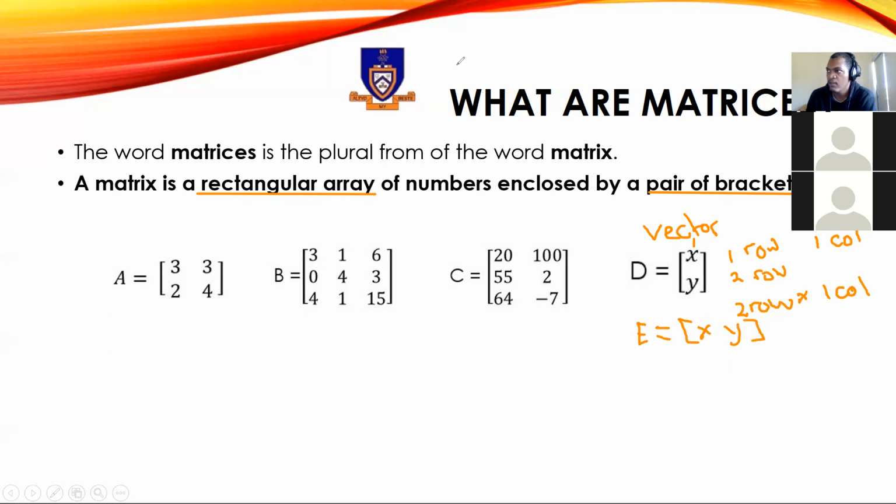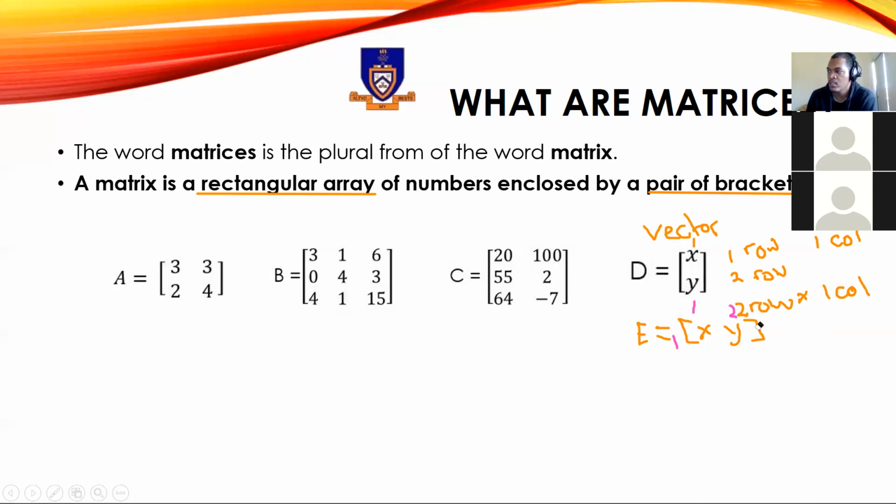This is only having 1 row, and in the row we have 2 columns. The X is at row 1, column 1, the Y is at row 1, column 2, and this is how we will also learn to interpret the vector. This is what we call a row vector, because there's only 1 row, and we define it by how many columns it has.